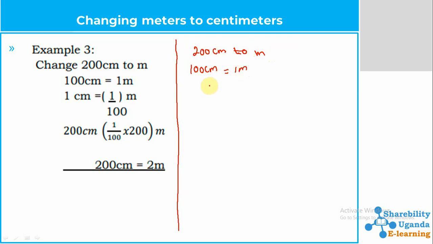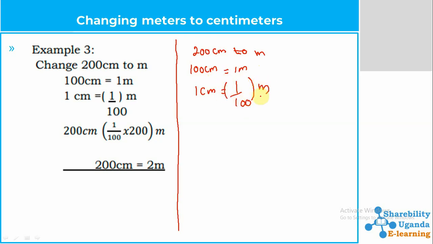Okay, remember we want to change it to what? These are small unit to a big unit, so it should reduce. Okay, so now we can now say that 1 centimeter is going to be equal to 1 out of 100.